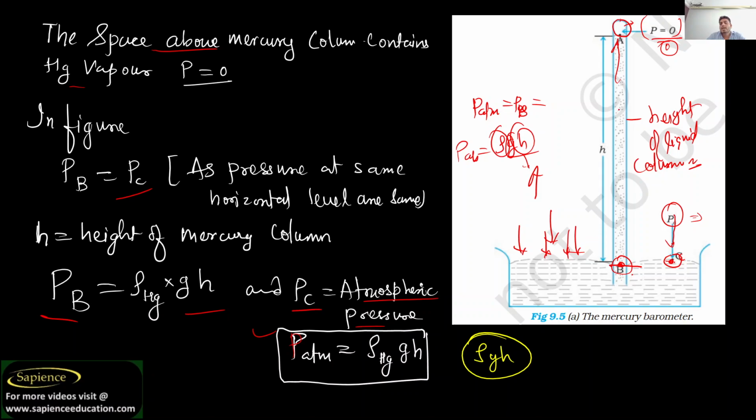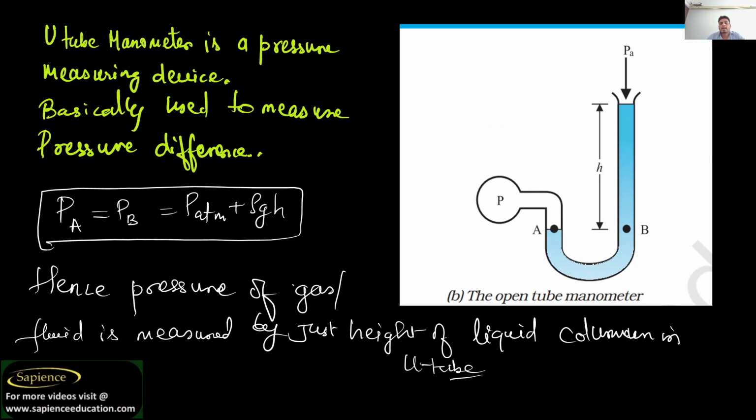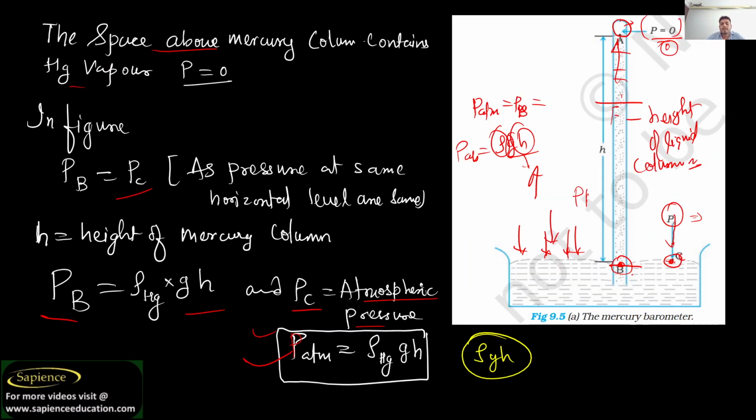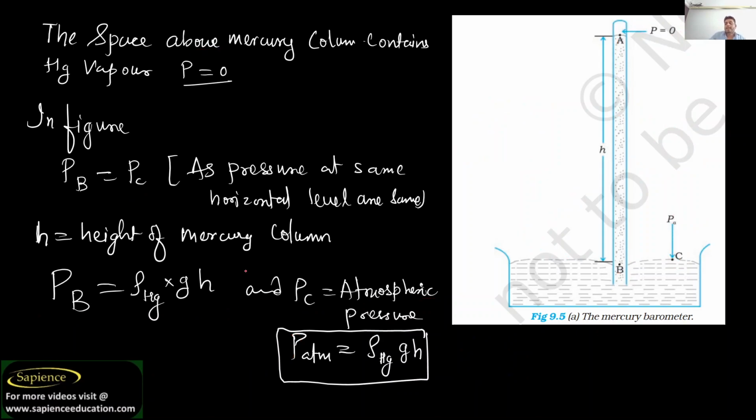As soon as this liquid comes down, we can feel that the atmospheric pressure is less. So by using this basic formula, you can find atmospheric pressure with the simple barometer. I hope you have got this. You know how to find atmospheric pressure using a simple barometer, right?